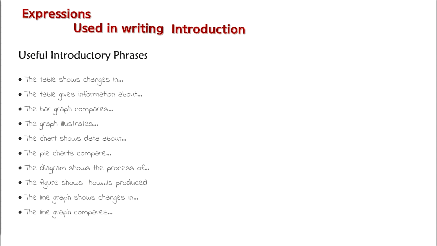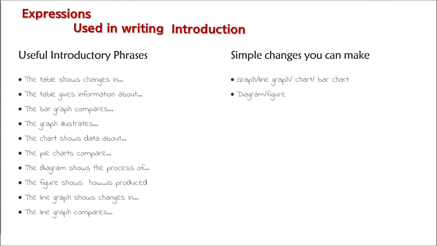The line graph compares. Additionally, these are simple changes that you can make to avoid copying the heading of the graph. Graph, line graph, chart, bar chart. Diagram, figure. Shows, illustrates, compares. Proportion, percentage.